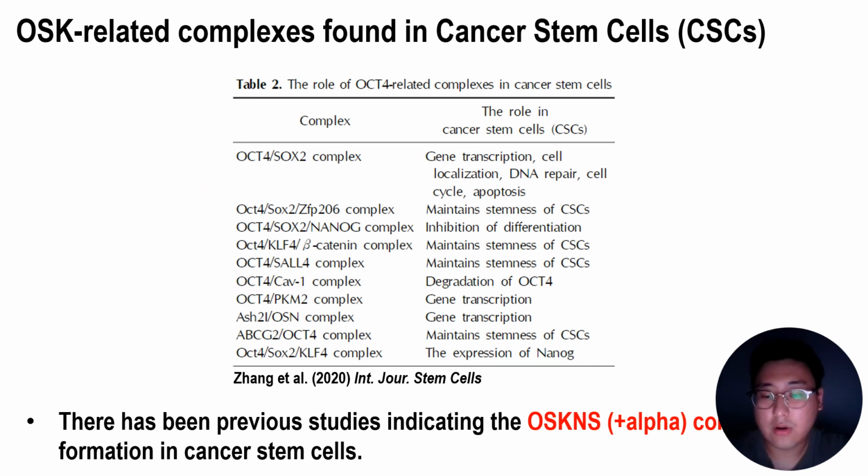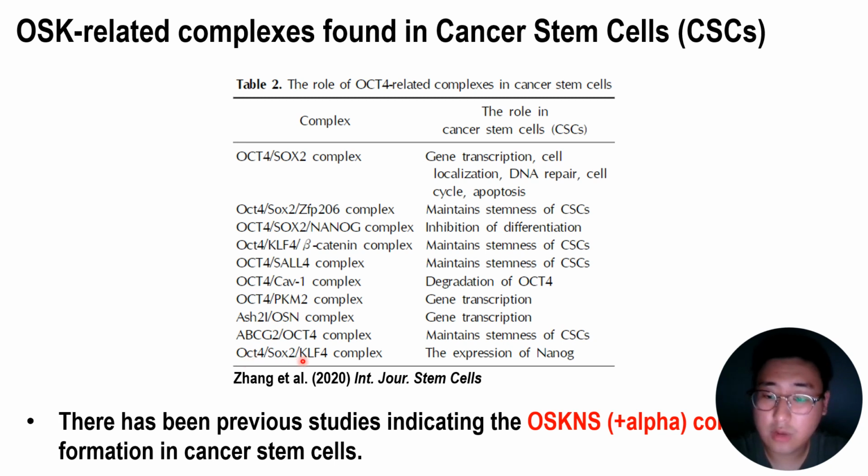And the finding about OSK acting as an interchangeable complex is actually supported by previous publications. Over here is the table provided by Zhang et al. in 2020. You can see OCT4 and SOX2 form a dimer or trimer, and OCT4 and SALL4 form a complex as well.